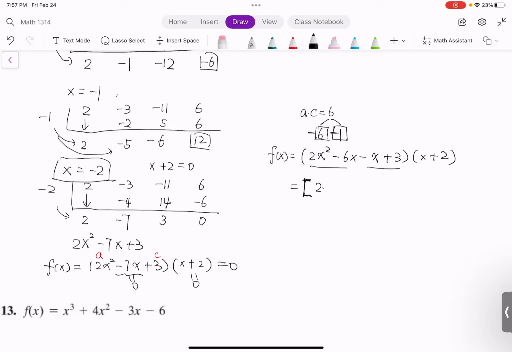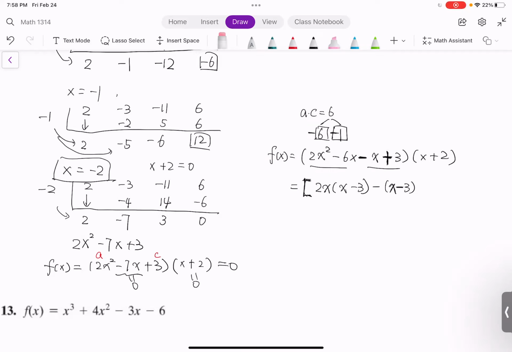They are 2x, and the leftover is x minus 3. For the last two terms, I must create the x minus 3, so I factor out negative 1. We have x minus 3 because when you factor out negative 1, you have positive x left, and from positive 3, you have minus 3 left.